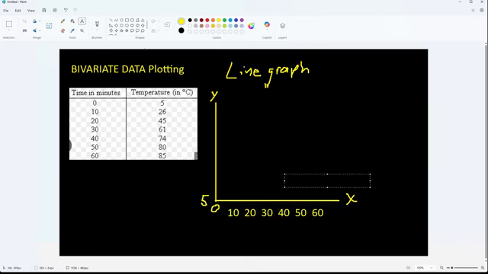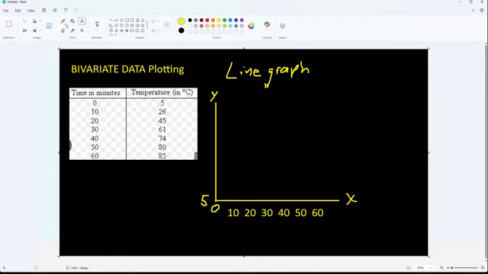And then the temperature is over here, and you can see that the temperature isn't in a nice grid, like the same even amount of numbers, not nice clean numbers like this is. That's a pretty good indicator that the X is your independent variable. It does what it wants, and then temperature is your dependent variable.